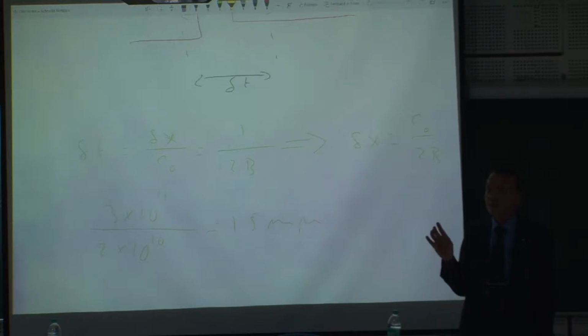So if you have an antenna of, say, diameter 1 meter working at 1 gigahertz, it's completely equivalent to an antenna of diameter 10 centimeter working at 10 gigahertz. So 1/10 to 10 times.